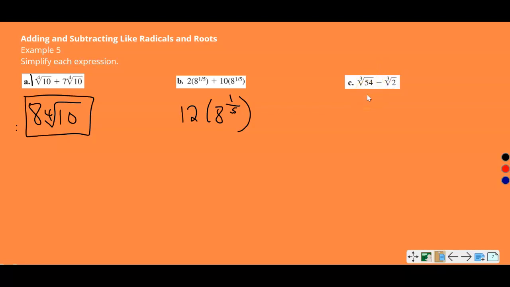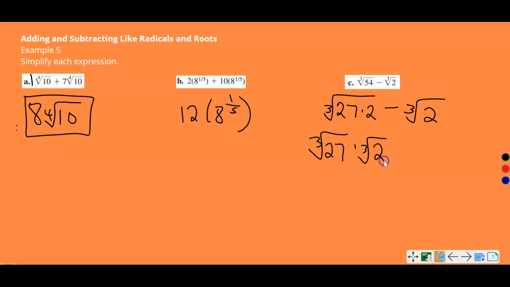And again, you may have to use your calculator, play with some numbers to see how to rewrite that. If you're good at multiplication, this will not be difficult. If you struggle with multiplication, then you're going to have to figure out a way to be able to rewrite these terms. So 54 is 27 times 2. And again, the reason we use 27 is because it's a perfect cube, and we're taking the cube root of this. So minus the cube root of 2. So we can separate this as the cube root of 27 times the cube root of 2 minus the cube root of 2.